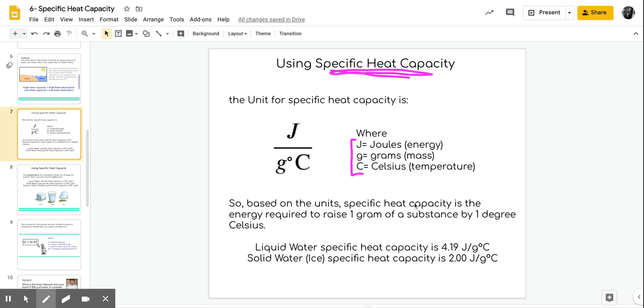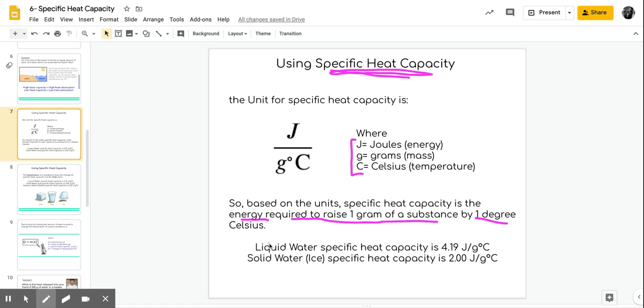Okay, so you can actually even understand what specific heat capacity means based on the units alone. It's the energy required to raise 1 gram of a substance, hence the gram, the mass, by 1 degree Celsius. So gram, degree Celsius, and joules is energy.